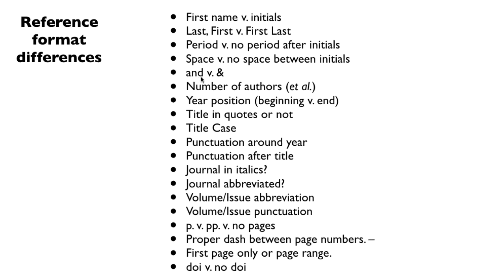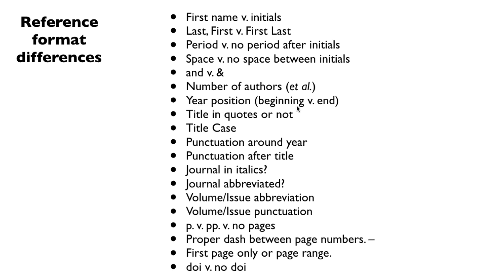Sometimes you have the word "and" and sometimes you have this little symbol here. Sometimes they'll list a whole bunch of authors, and other times they'll stop after maybe 3 or 4 or 5 authors, and you'll just write the Latin words et al., which basically means "and everybody else." And that's done in italics because it's in Latin.